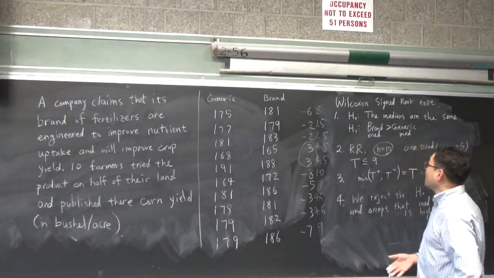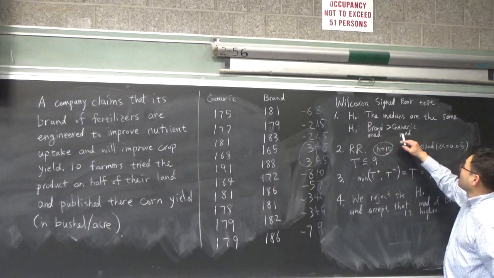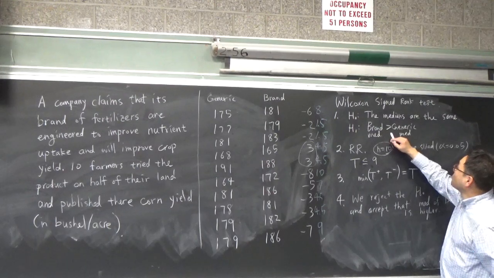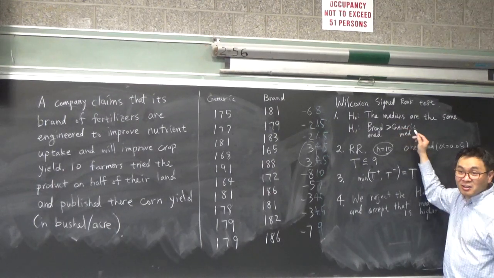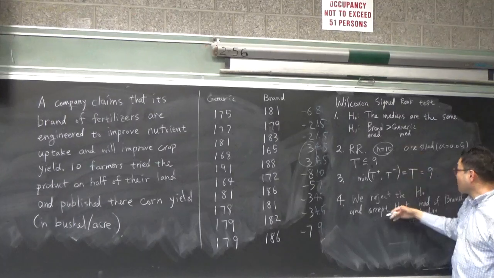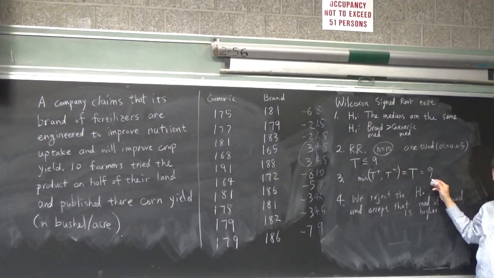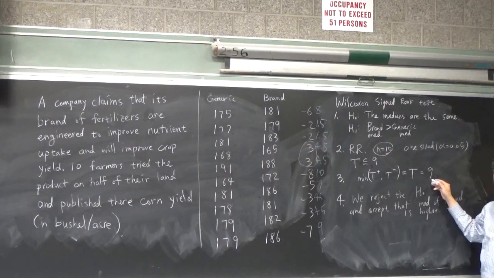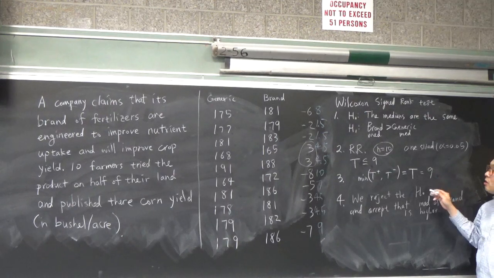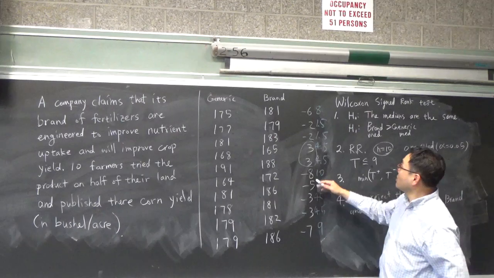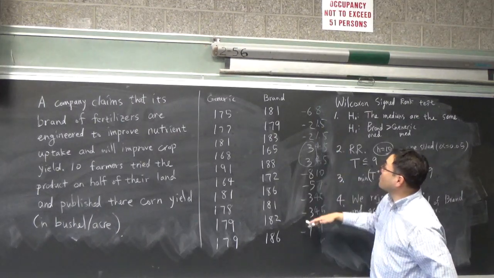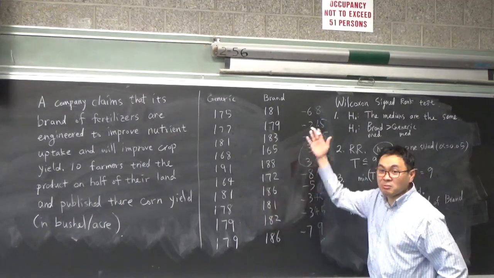See, if you mistakenly want to prove that brand is actually less than generic, you calculate everything, it will still give you 9, and you might mistakenly conclude that, yes, the brand name is less than generic, but that will be wrong because you see that on average, the generic did worse than the brand, right?